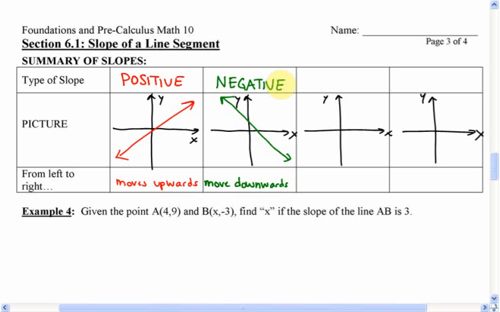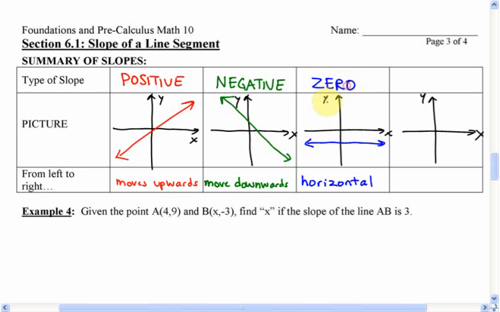And what other lines have we seen? Vertical and horizontal. Bravo. I'll do the horizontal one first. This is horizontal. Do you guys remember what the slope of a horizontal line is? Good. 0. 0 slope.